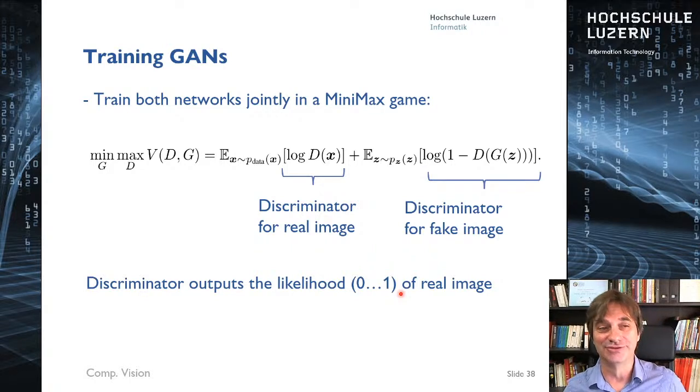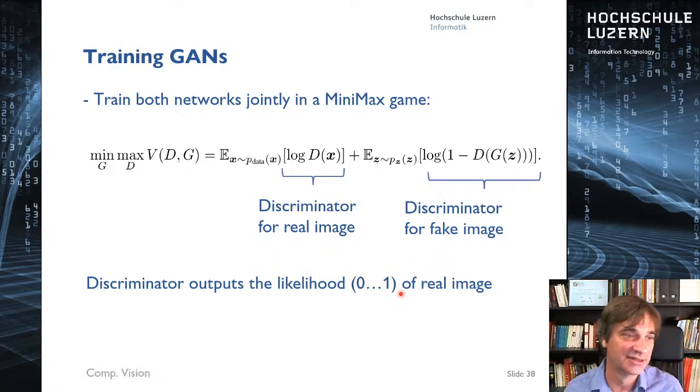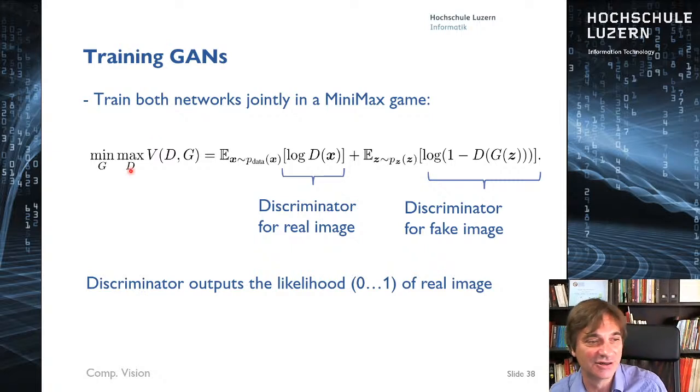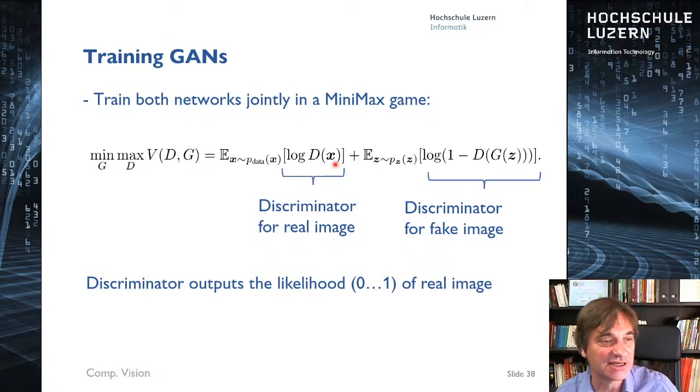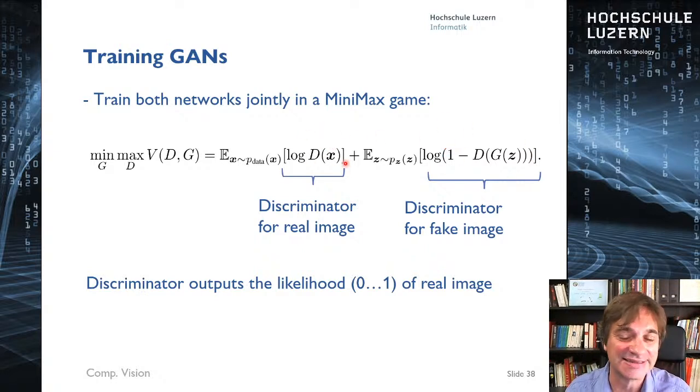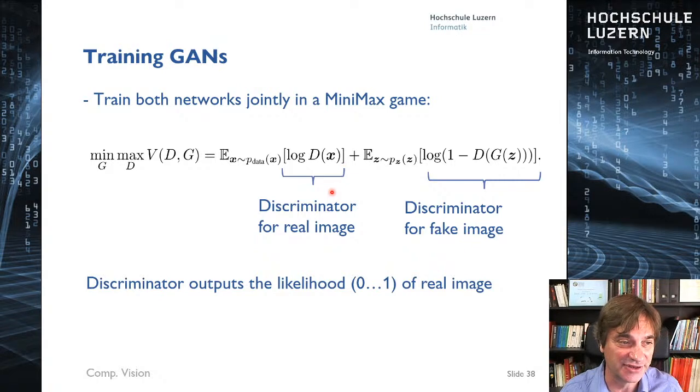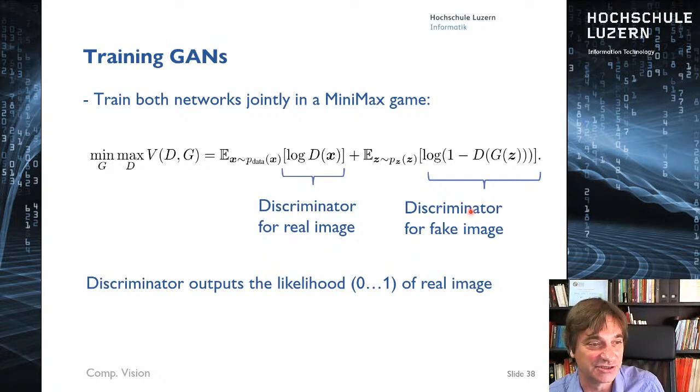So in order to train that approach, we have to train both networks jointly. This is kind of a minimax function for the expectation. We have to train so that the generator produces as good images as possible, and for the discriminator, it's like a binary or two-class distinguishing approach, which can be formulated like that to discriminate for the real images and to discriminate for the fake images.